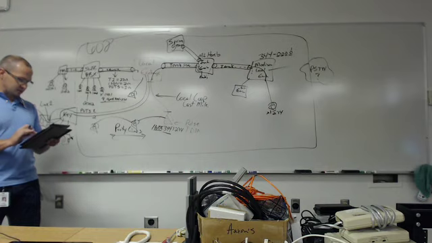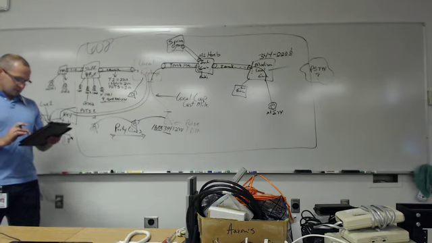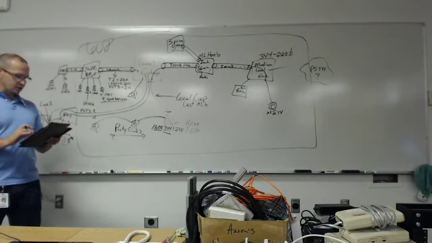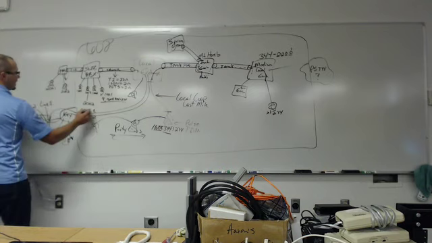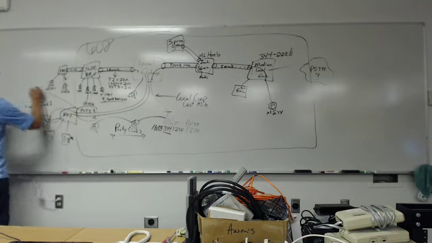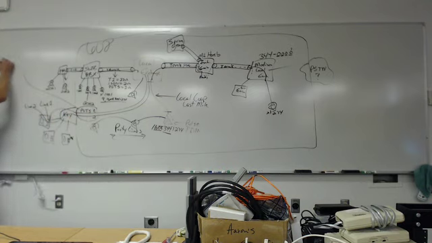Some of the other things: ground start and loop start. These POTS lines right here can be one of two options.